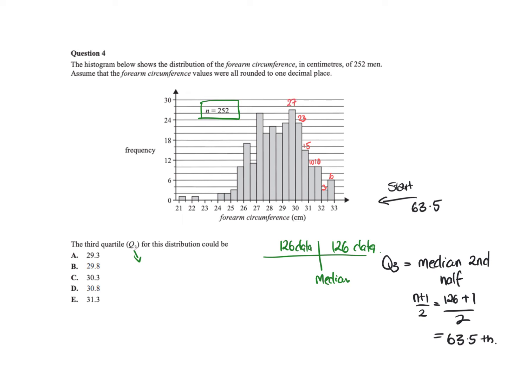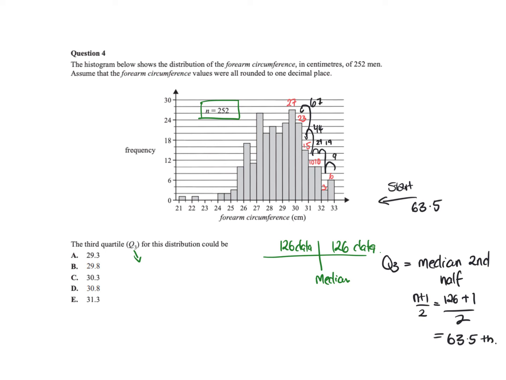So we've got 6 plus 3, that would be 9, plus another 10, that's 19, plus another 10 is 29, plus 15 makes 44, plus 23 makes 67.